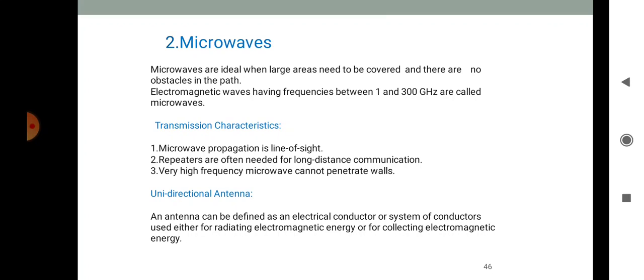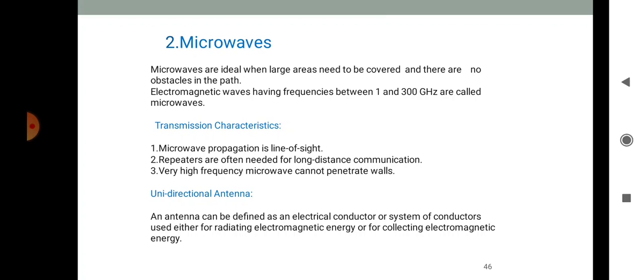These are some transmission characteristics. The first is that microwave propagation is line of sight. Then repeaters are often needed for long distance communication. And third, very high frequency microwaves cannot penetrate walls.